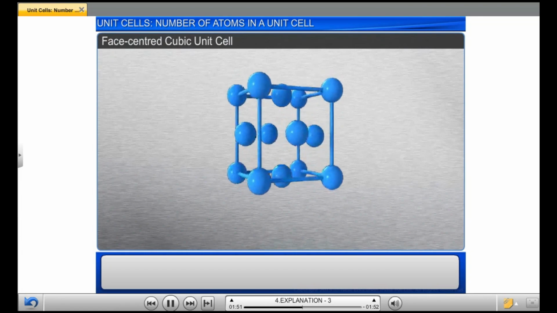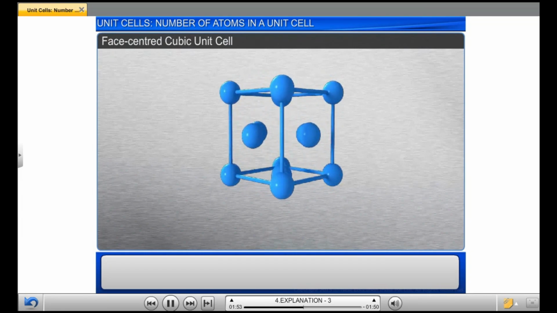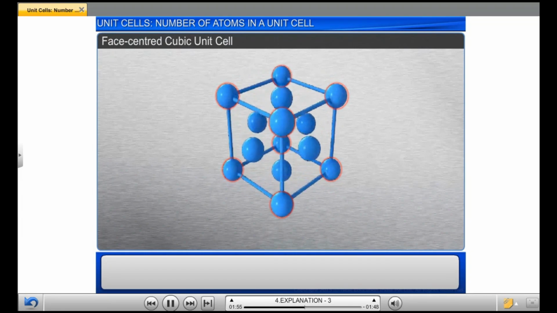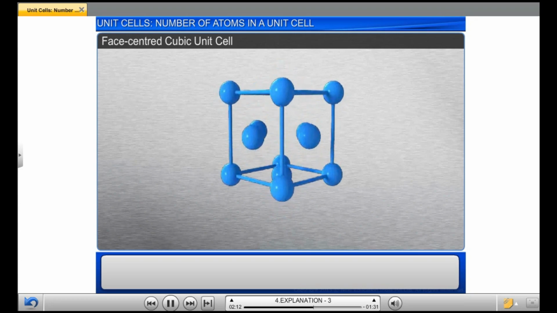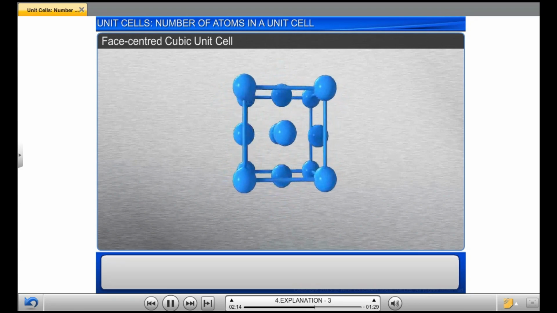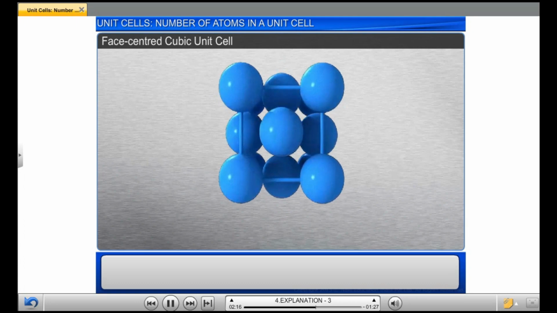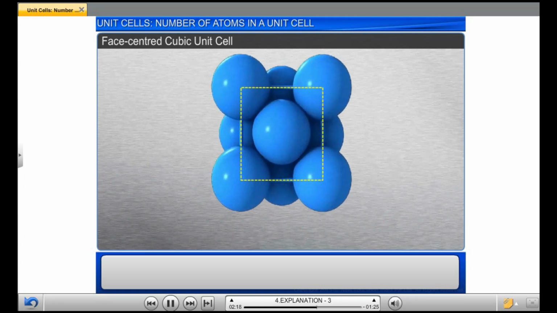The face-centered cubic lattice consists of 8 corner atoms, just like in the simple and body-centered cubic lattice. However, it also contains 6 more atoms at the 6 faces of the cube cell. The atoms touch along the diagonals, and each touches 4 corner atoms.